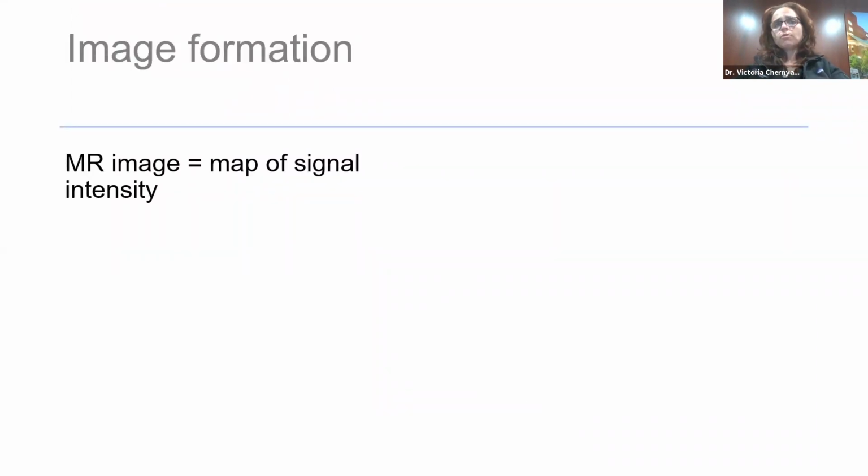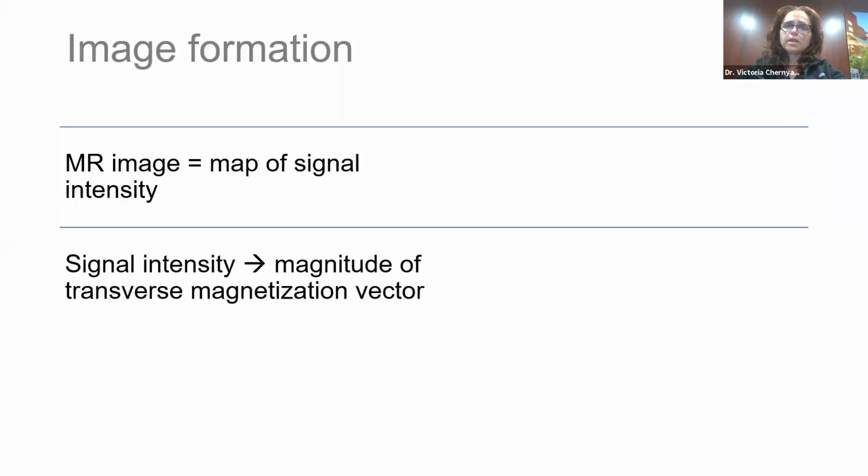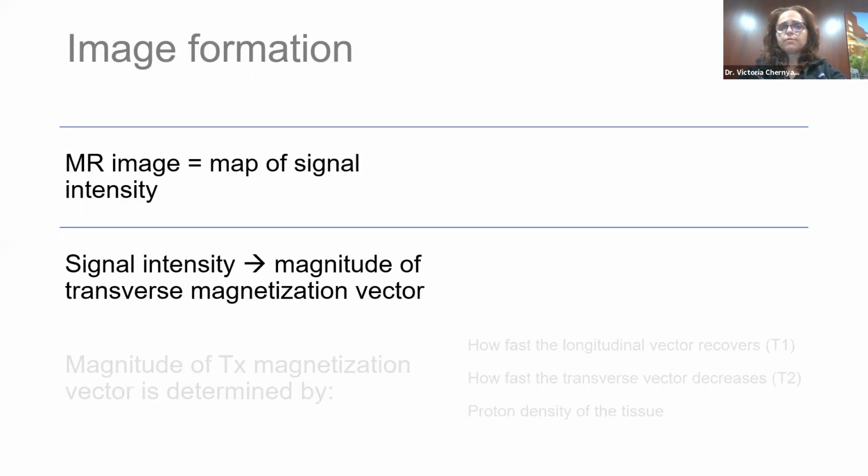You can think of an MR image as a map of signal intensity of the slice. So each pixel provides a tiny little portion of the slice, and the MR image represents the map of the signal intensity of each of these pixels. And signal intensity is basically the magnitude of the transverse magnetization vector. So the larger the vector, the brighter the pixel.